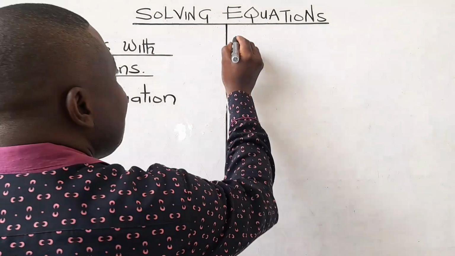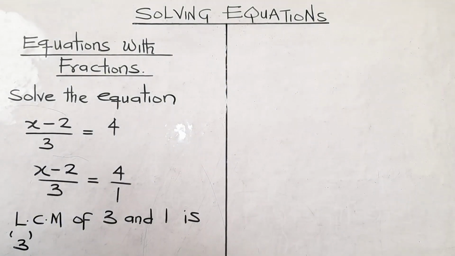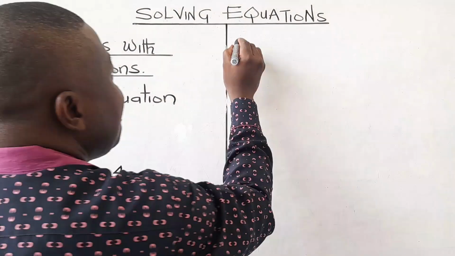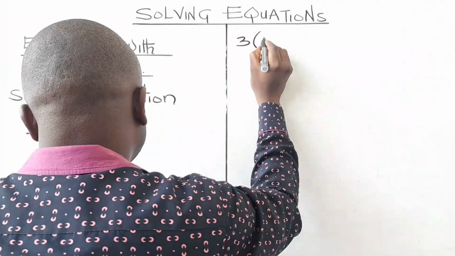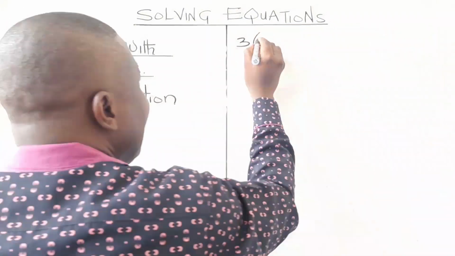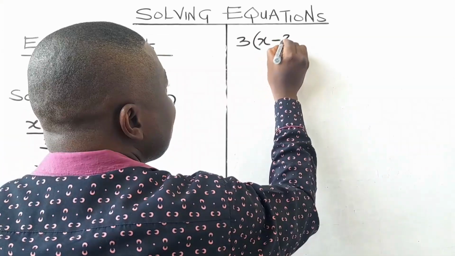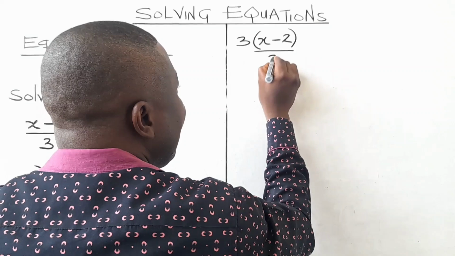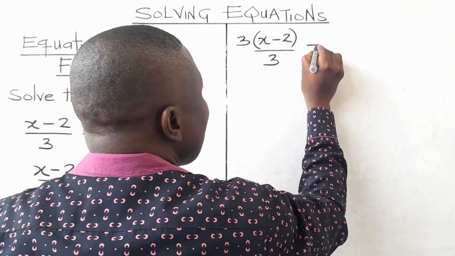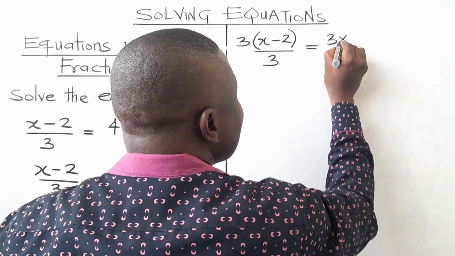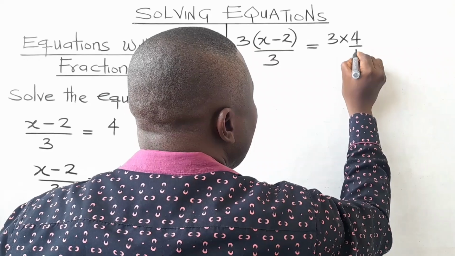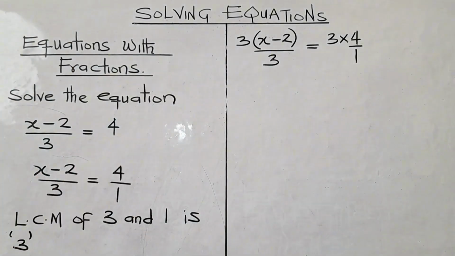So this gives us 3 into bracket, telling you that 3 multiplies everything, x minus 2 over 3 equal to 3 times 4 over 1. We multiply both sides by 3.